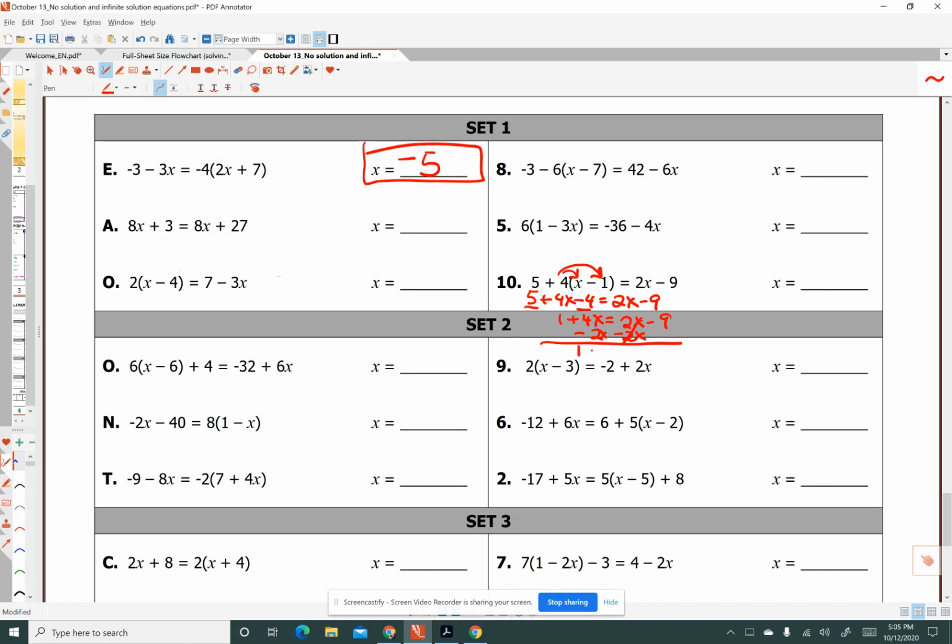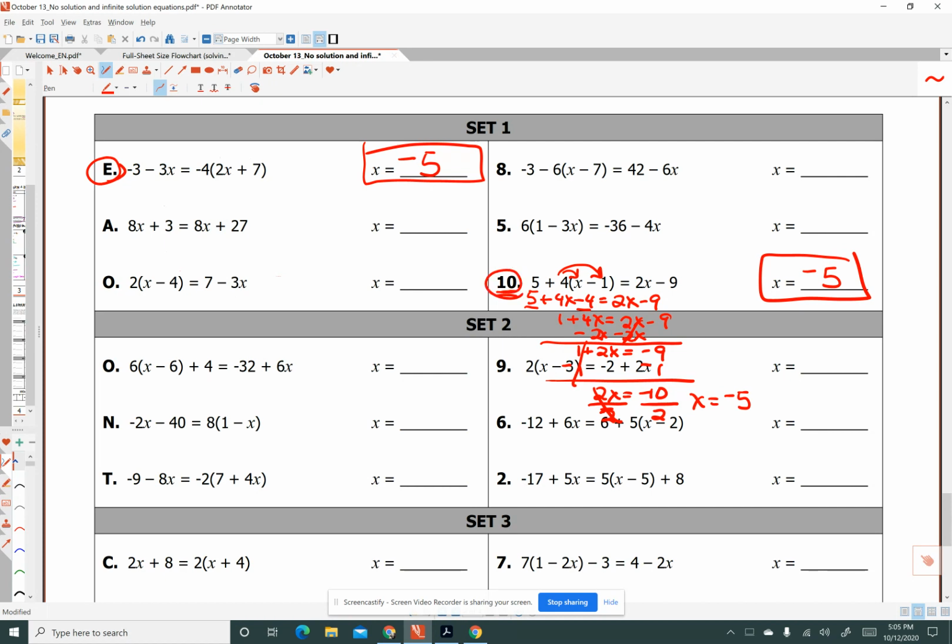So I have 1 plus 2x equals -9. And I'm going to subtract 1 from each side. 2x equals -10. I think we see what's happening here. I'll divide both sides by 2. And x equals -5. So that's this problem right here, -5. Okay, so I've got number 10 goes with E.